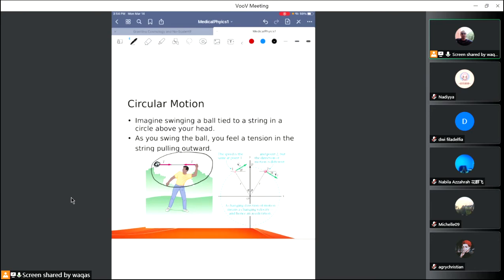We have a radius r, and this is the angle theta. For any point, if you want to find the linear velocity, you need to draw a tangent. A tangent is a line that touches the curve at one point, from here, from here, or any point.